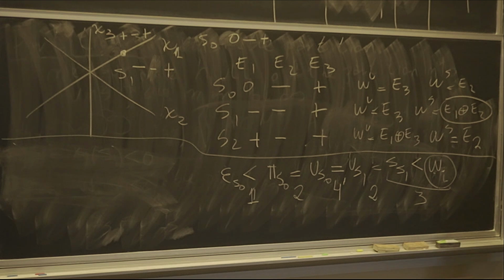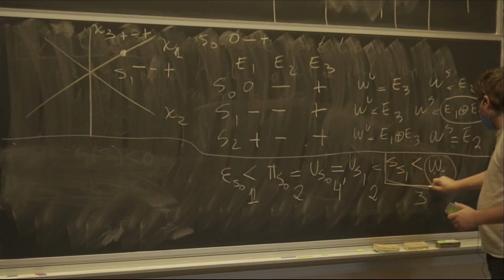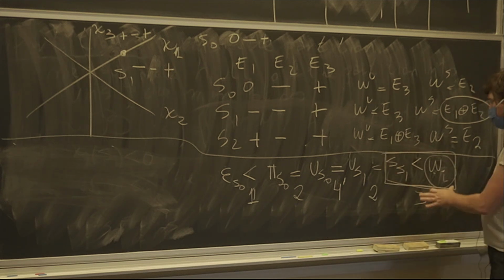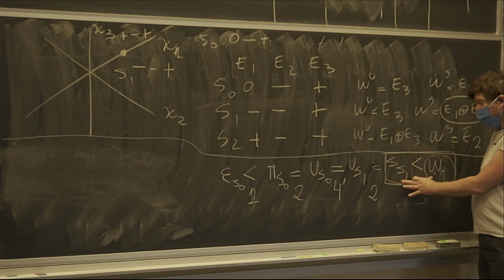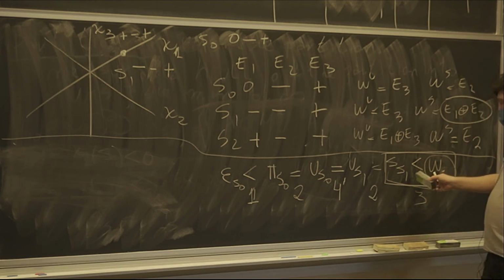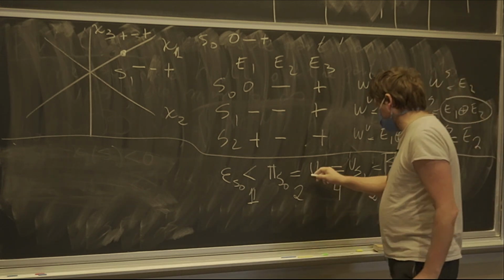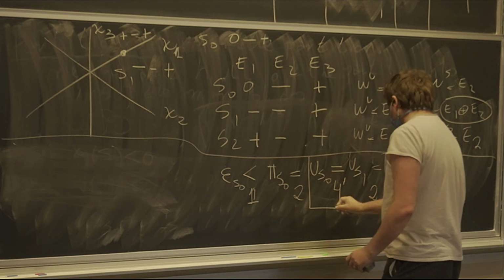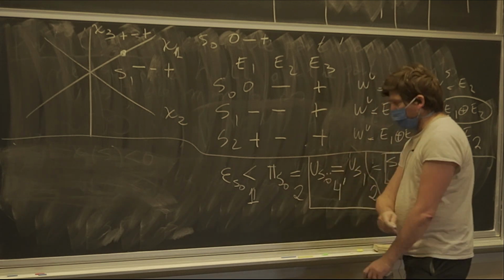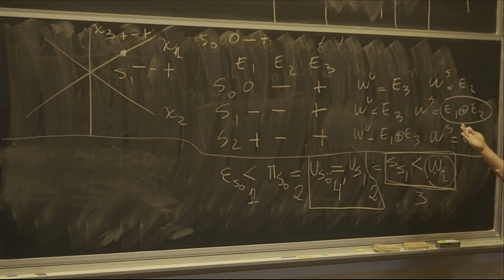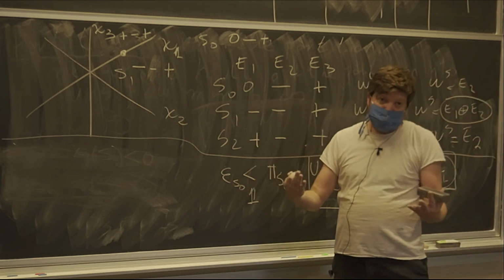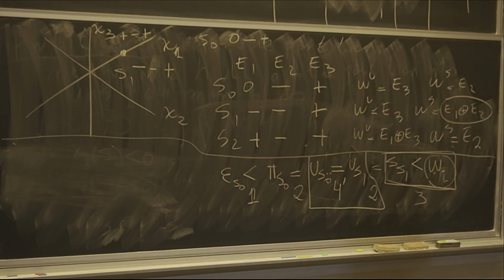Because if not, I will not have this. I'm sorry, this I will have. What I will not have is this guy. And actually, I cannot pick the S naught even more if I don't go to the suspension.